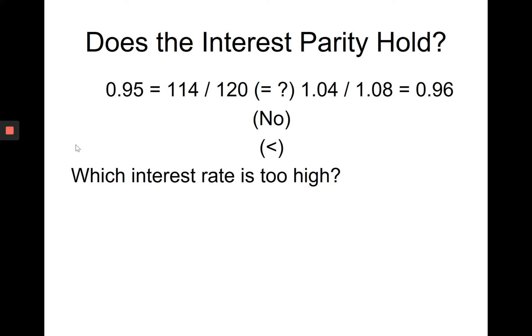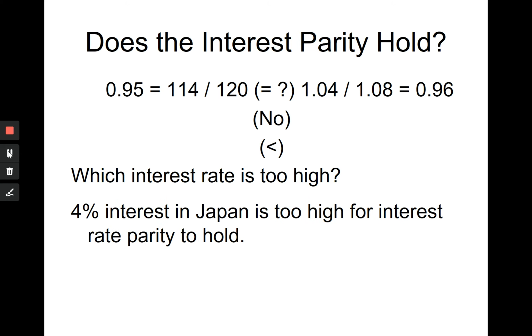We could go to a bank today and get into the contract to purchase Japanese yen versus American dollar at this fixed rate of 114. Of course, this fixed rate comes based on demand and supply. How many people show up at that bank? And that rate is different from 120. All right. So the interest rate parity doesn't hold.